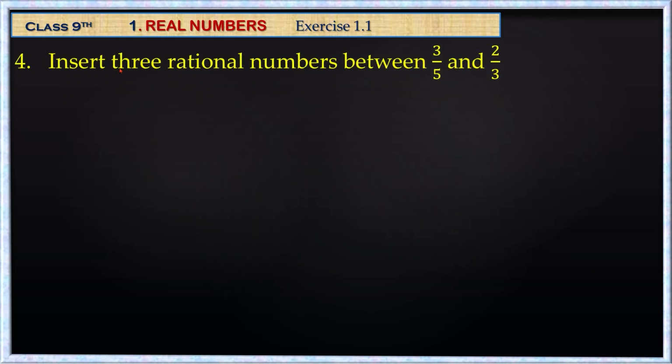Next problem. Insert 3 rational numbers between 3 by 5 and 2 by 3. Let us solve this problem. In order to insert any rational number between 3 by 5 and 2 by 3, we have to convert them into like fractions.